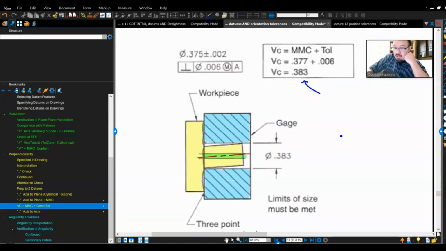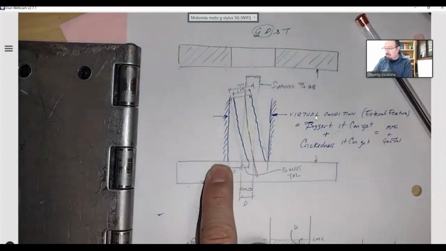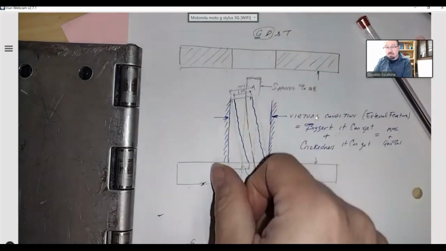If I want to actually do this for real, to check it, I most likely will have to put it on a computer that touches the part and generates a model of what the part is. Or I can go get myself a gauge. This gauge is a special gauge, manufactured by different standards, actually a stricter standard than ASME Y14.5. What it does is allow you to make a gauge which is going to be the size of the virtual condition.